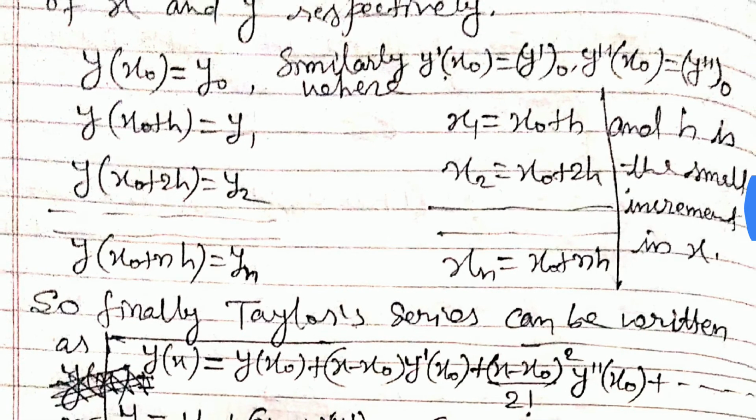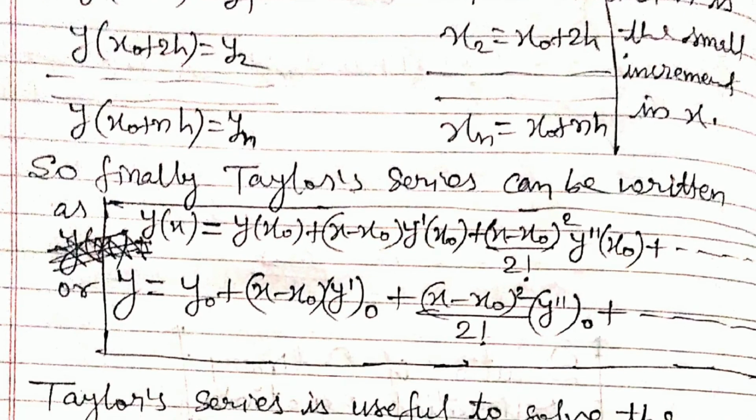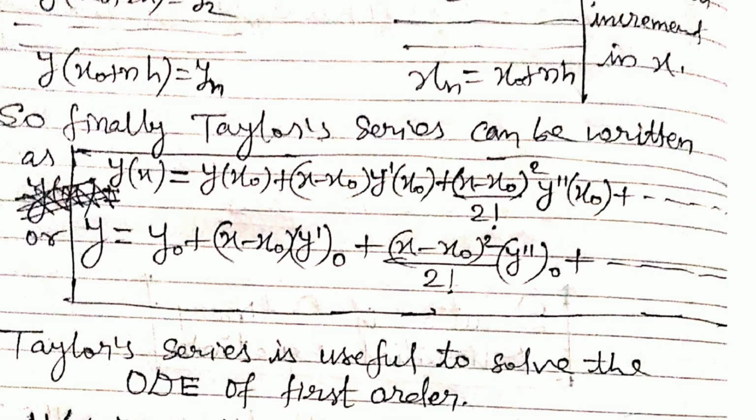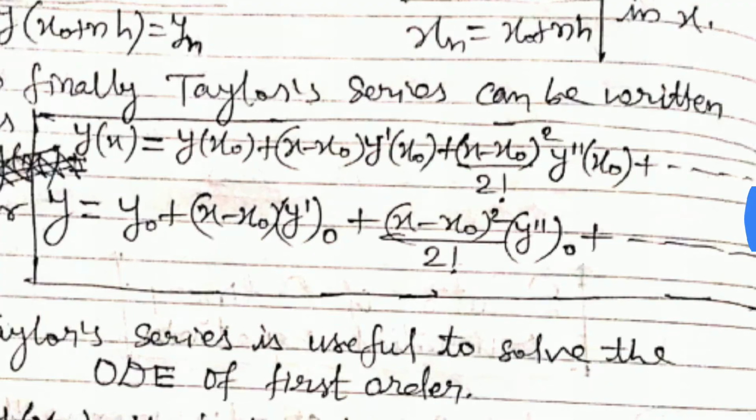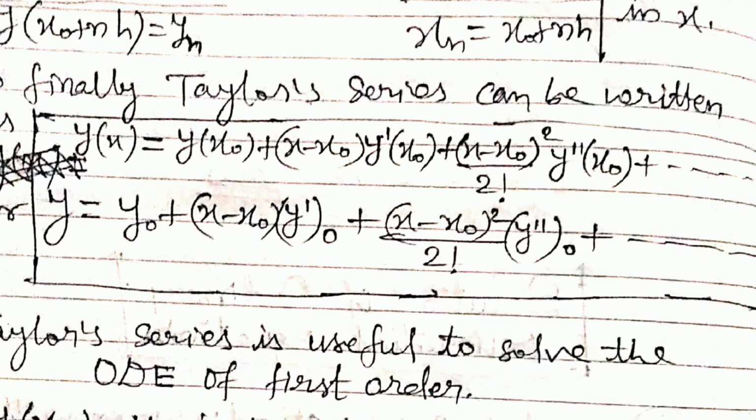Finally, the Taylor series can be written as y(x) is equal to y(x naught) plus (x minus x naught) times y prime at x naught plus (x minus x naught) whole square by factorial 2 times y double prime, that means the second derivative of y at x naught, plus. Similarly we may proceed for the third power and third derivative of y.